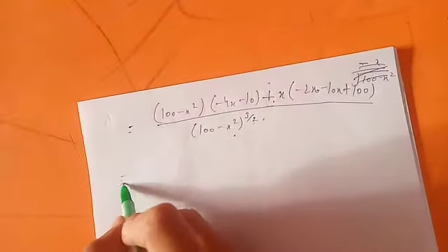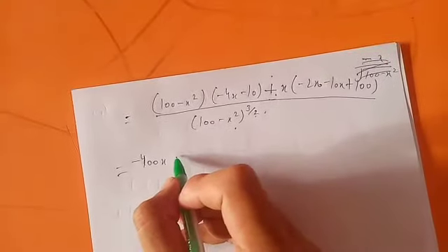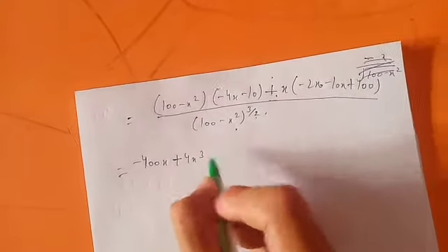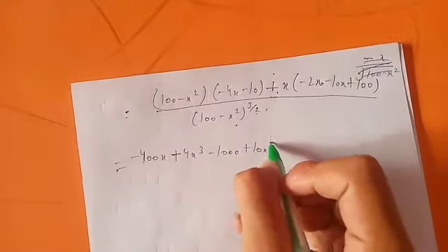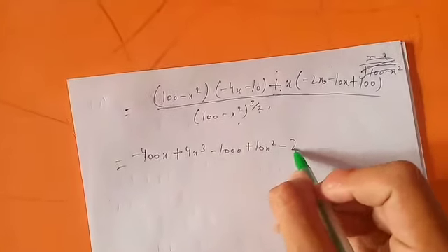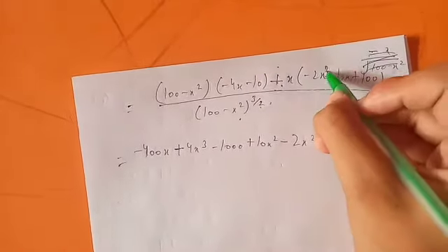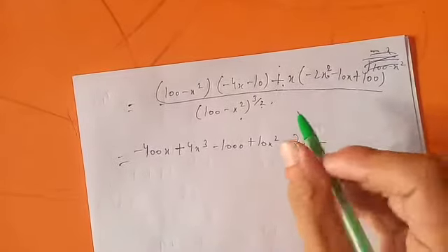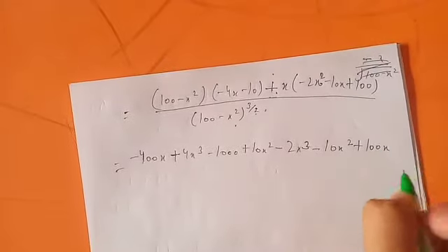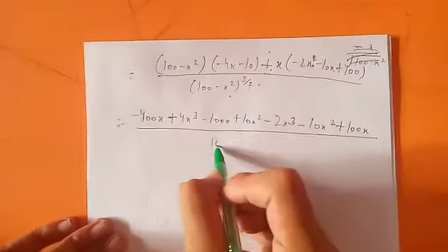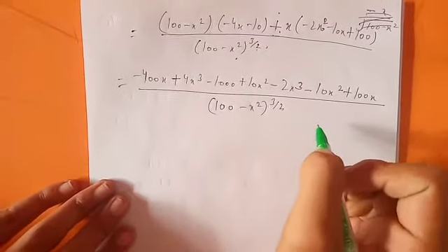First multiplication here, so we will get minus 400x plus 4x cube minus 1000 plus 10x square minus 2x square. Sorry, here will be x square, so 2x cube, and here will be minus 10x square plus 100x. It will be whole divided by 100 minus x square power 3 by 2.